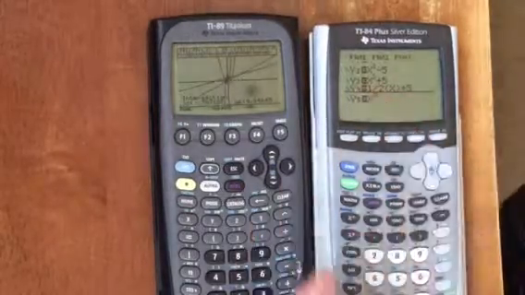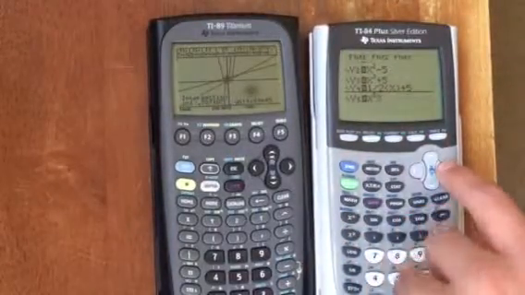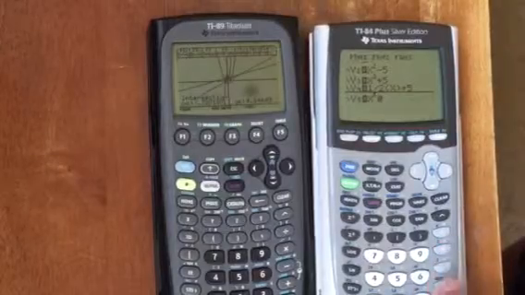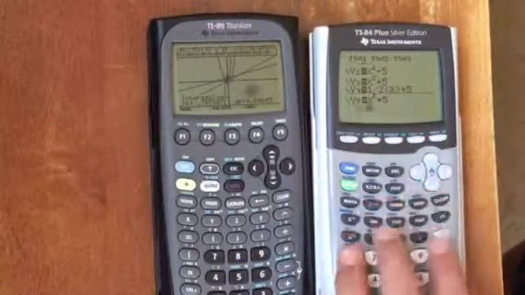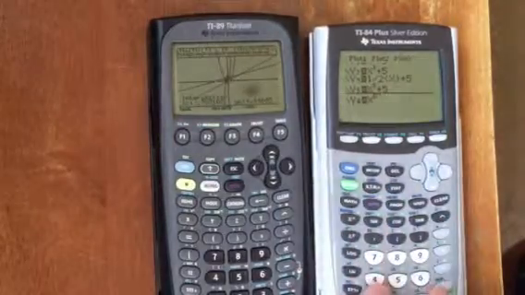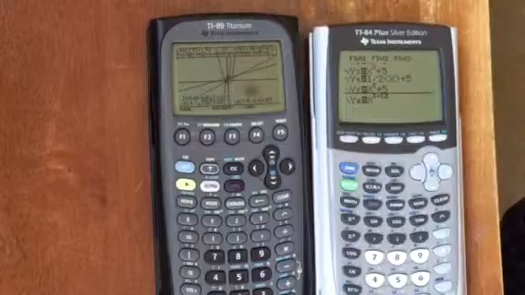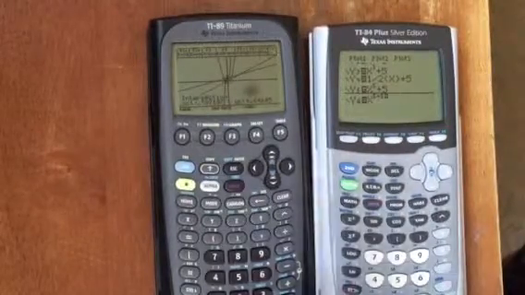It's going to go up to the exponential and you put in 5. You want to make sure you hit the right arrow to bring you back down from your exponential, because if you don't, you're going to create this new exponential function, and it's going to ruin whatever you're typing in.